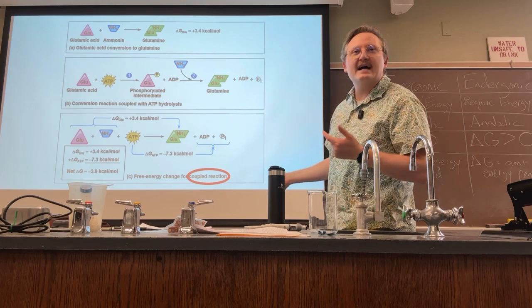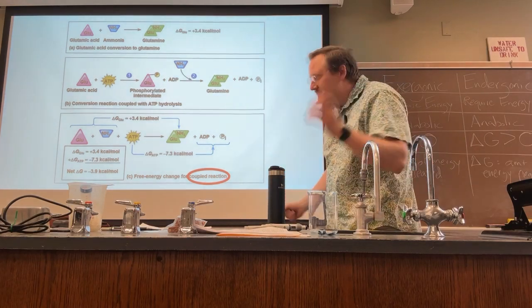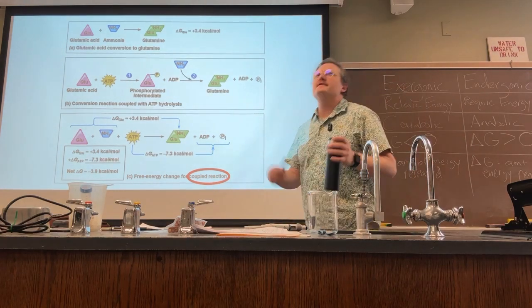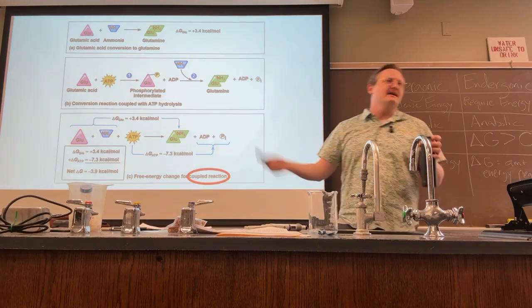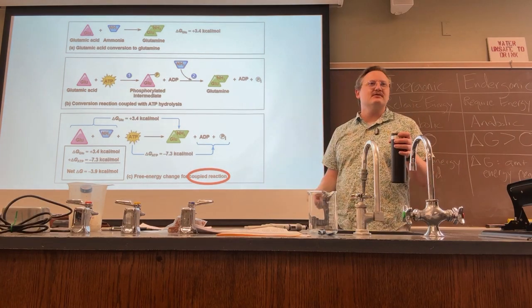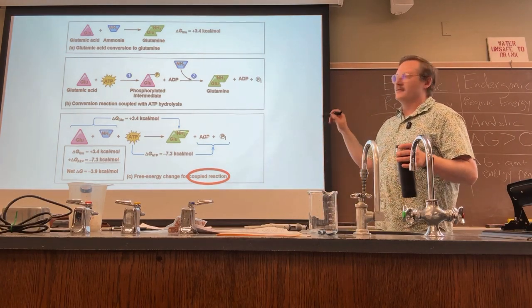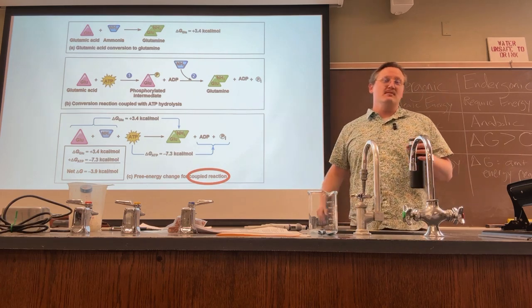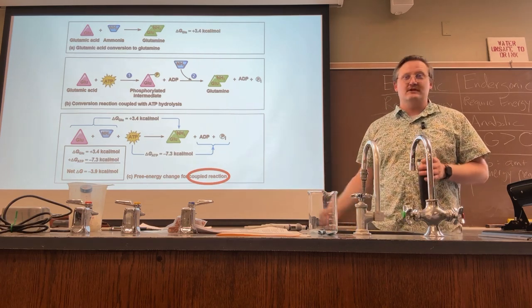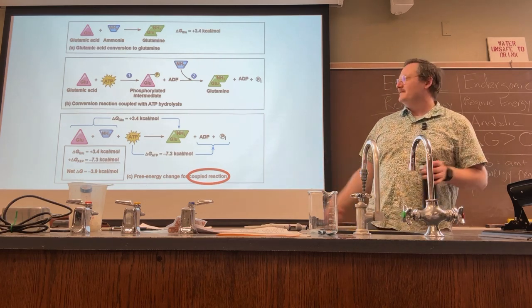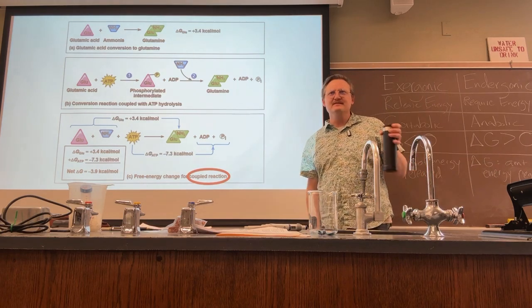Okay, so coupled reactions, super common. And if you continue on into upper division courses, like in biochemistry, they'll have a number of reactions like this and ask how much ATP needs to be hydrolyzed in order to make this much glutamine, for example.